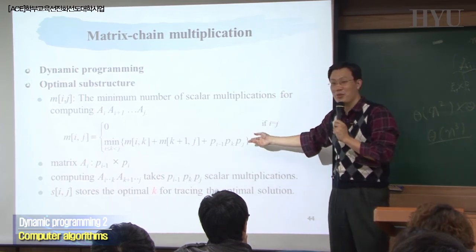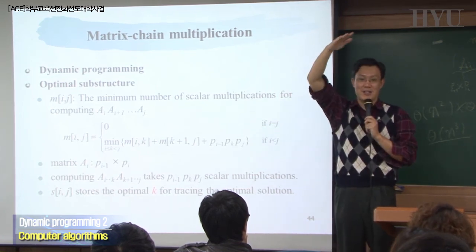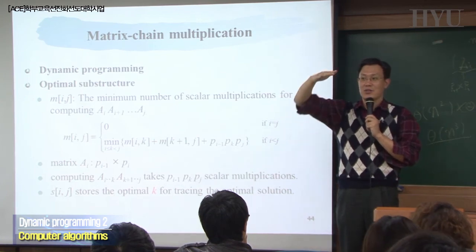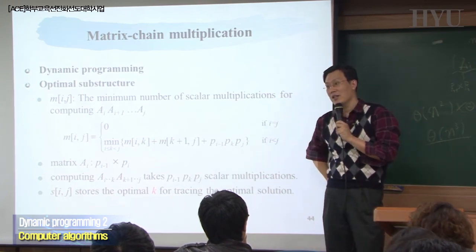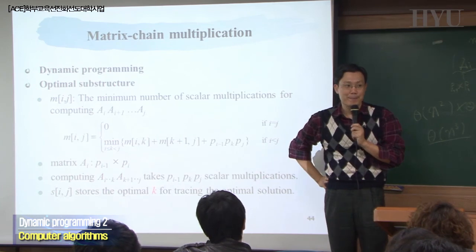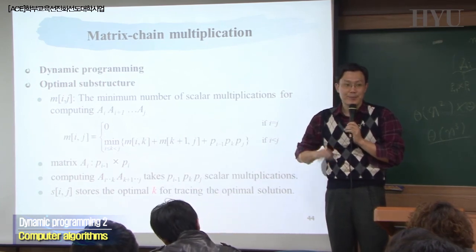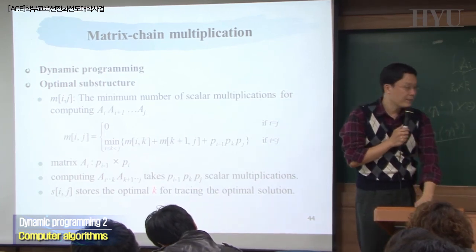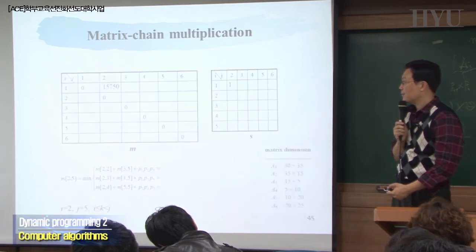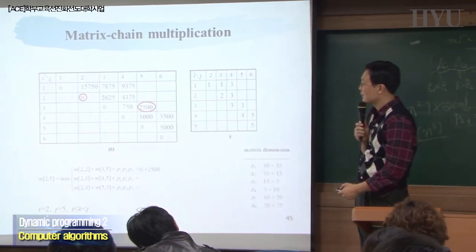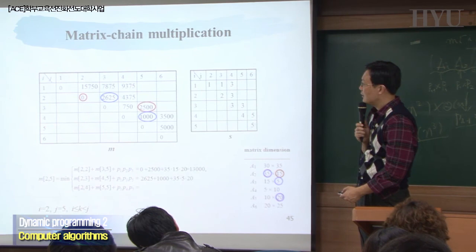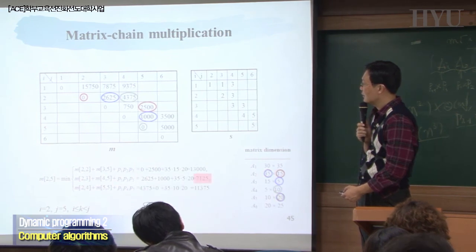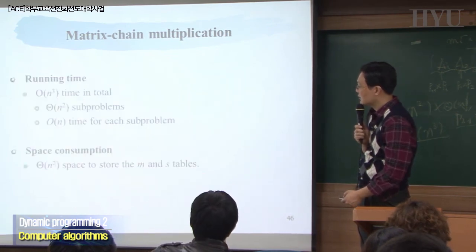But it is not true in this case. We access every level, so we cannot reduce the table M. And yes, that's it.